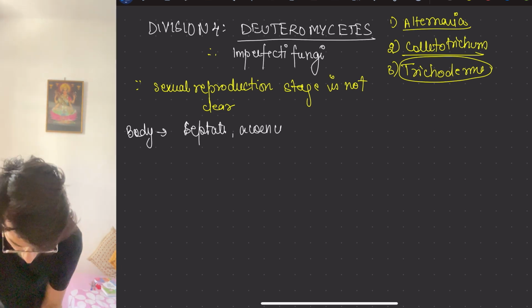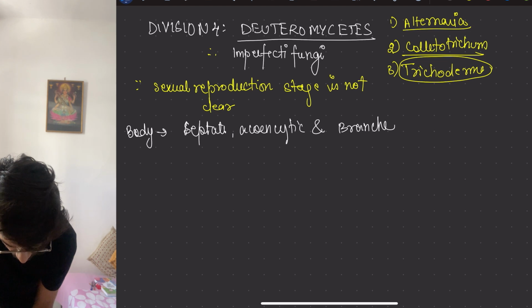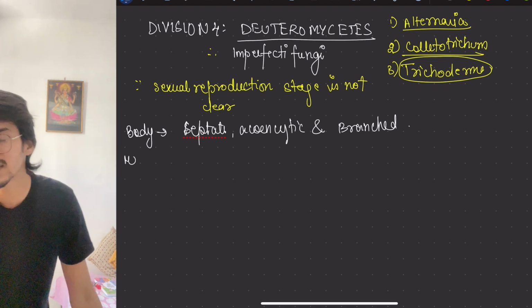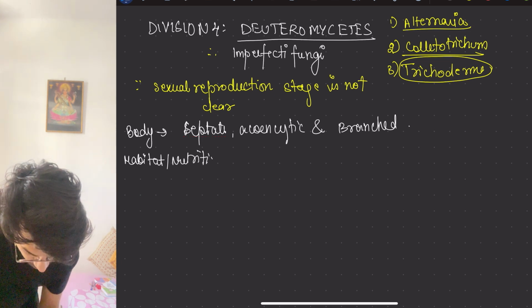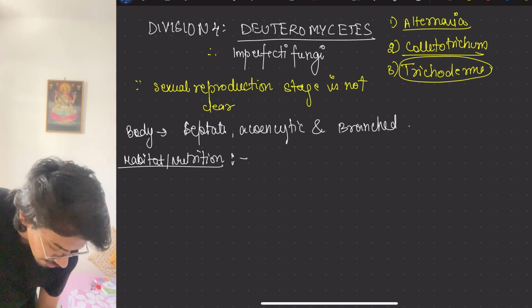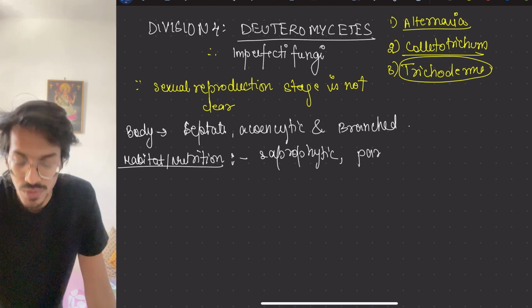Now the next thing is the habitat, which I forgot to tell you first. Habitat and nutrition. In terms of habitat and nutrition, you have to remember that they are saprophytes or parasites. Most of them are saprophytic, but they even help in nutrient recycling, so they are decomposers also. This thing also you have to remember.